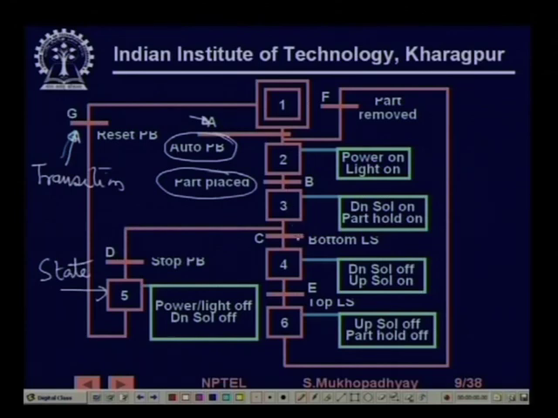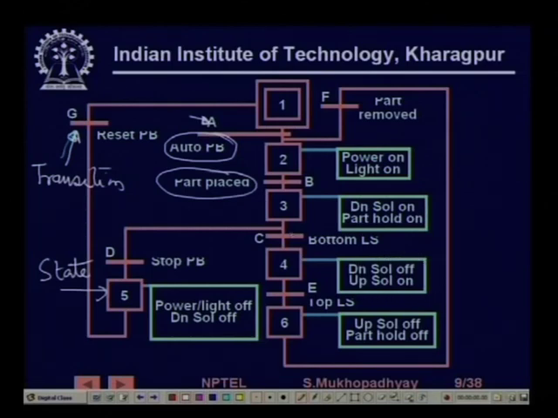Then from here it could go either this way or this way, depending on which one has come. If the stop push button has not been pressed, then eventually the bottom limit switch signal will come and it will go to state 4, in which it will activate these outputs.